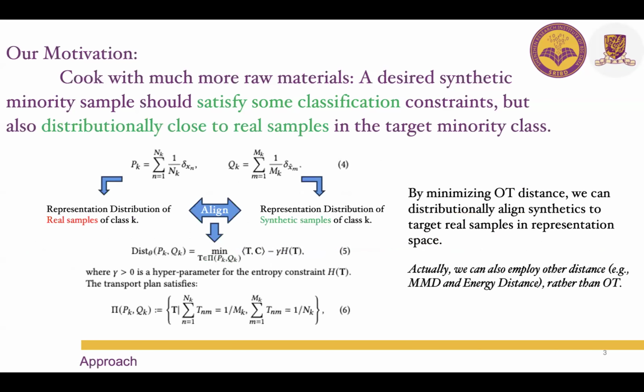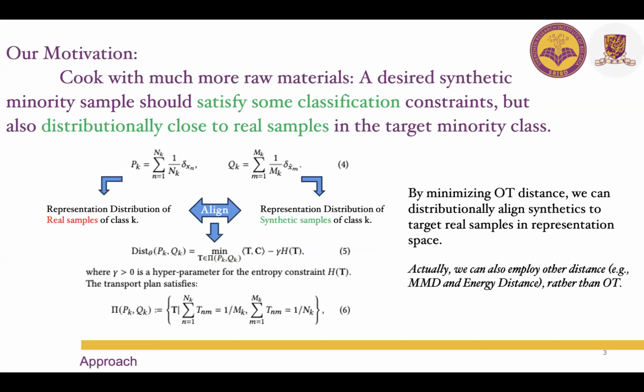Okay, building upon that, we argue that satisfying classification constraints isn't enough. The generated synthetic samples should also closely resemble the real samples within the target minority classes. To achieve this, we focus on aligning the representation distribution of synthetic samples to that of real samples.